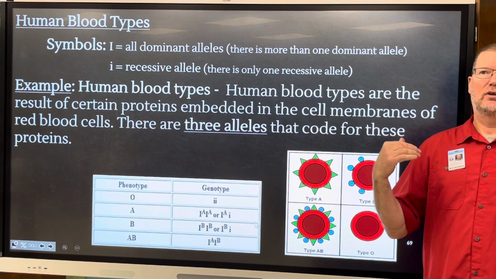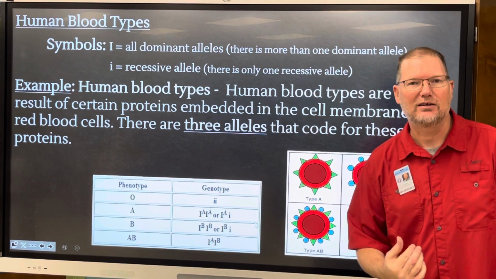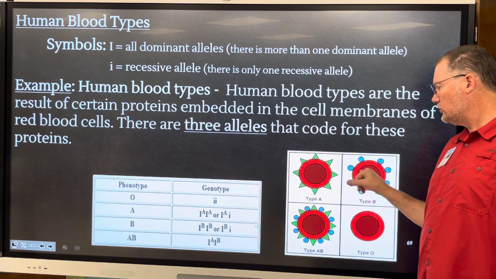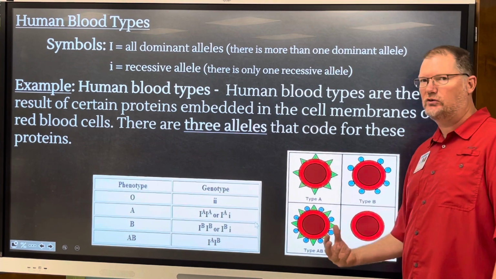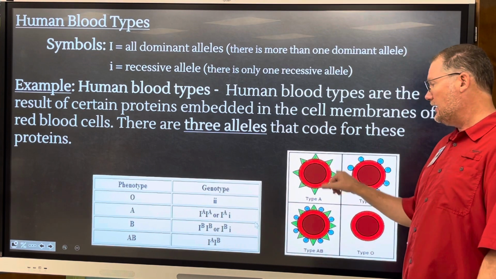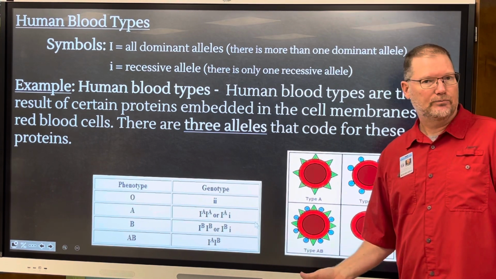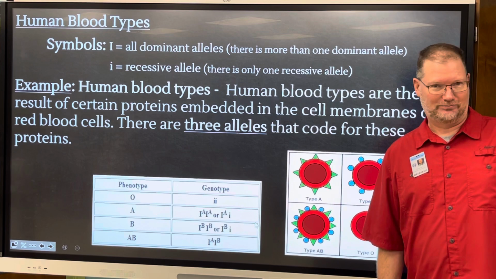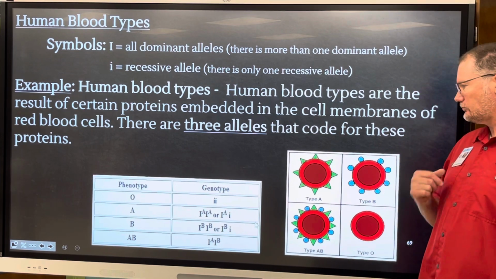And your body is genetically coded in the DNA to produce red blood cells with certain proteins. And if you got blood from somebody else, it could either be fine or it could kill you. We'll talk about that in a minute.